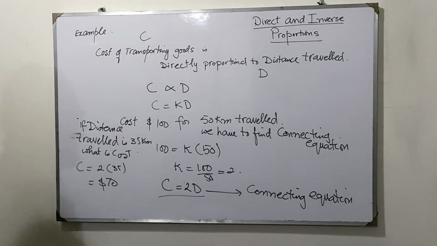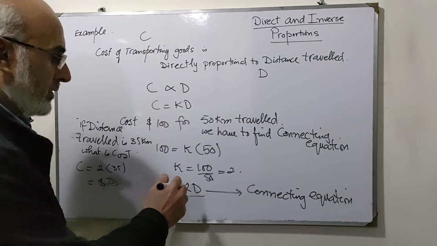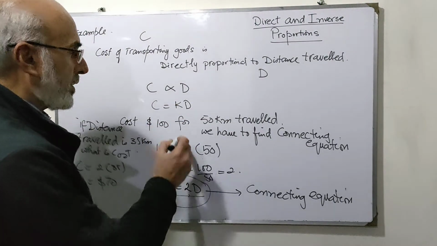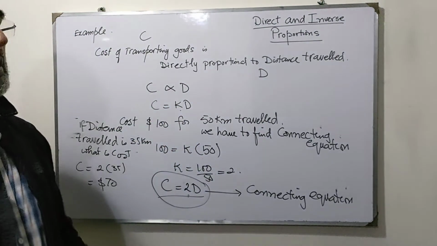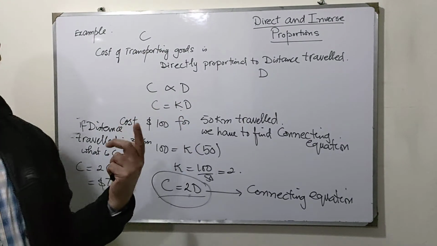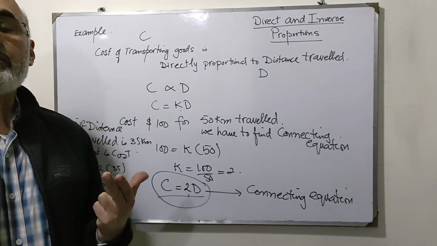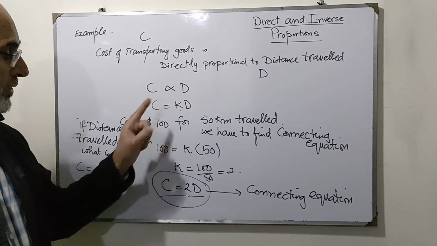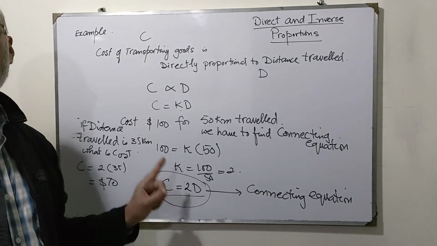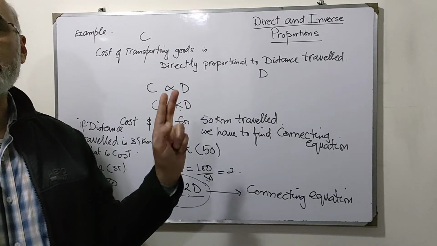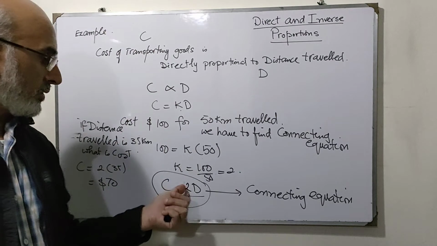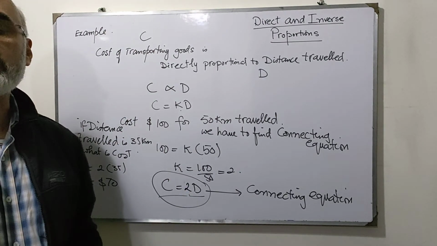So this is another approach, and this is our connecting equation. In this connecting equation, we have the value of the constant, because two quantities either increase or decrease with the same ratio, and this same ratio is here 2. It's going to be 2 no matter what the cost and the distance traveled are. So this is going to remain the same.